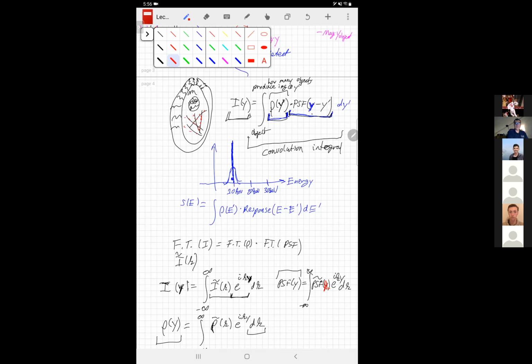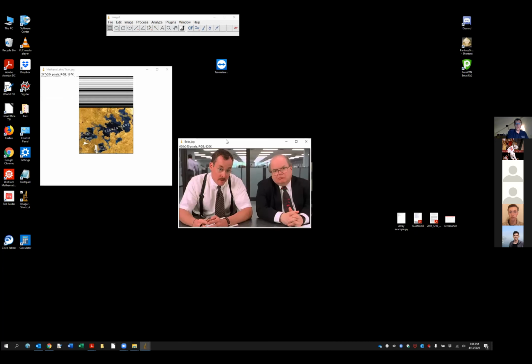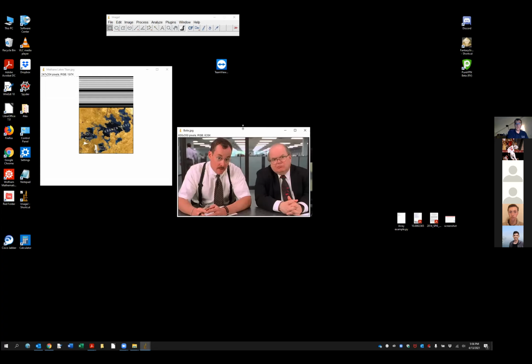So I'm going to switch to my other device. I'm going to go into a program called ImageJ, which is a free image processing program used by a lot of biologists because it was produced by NIH.